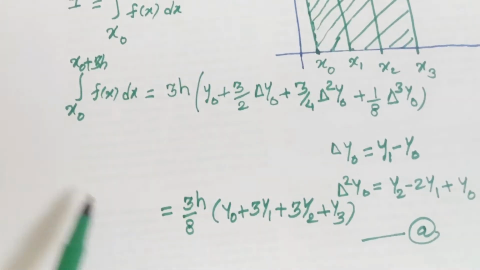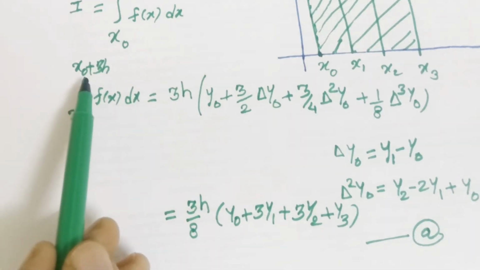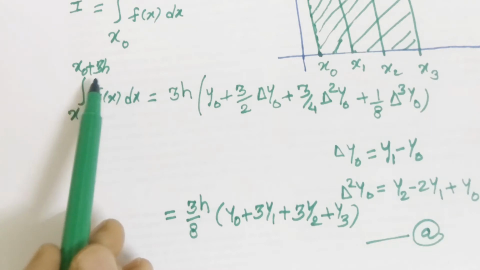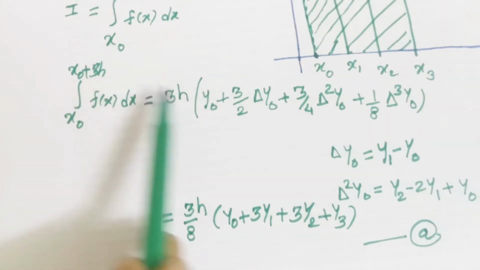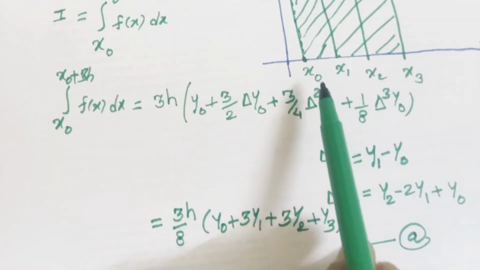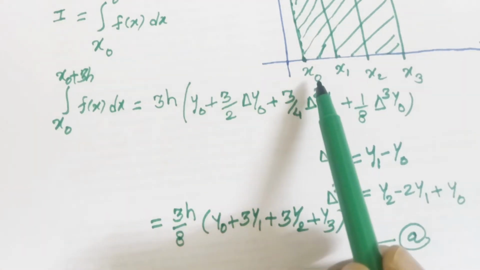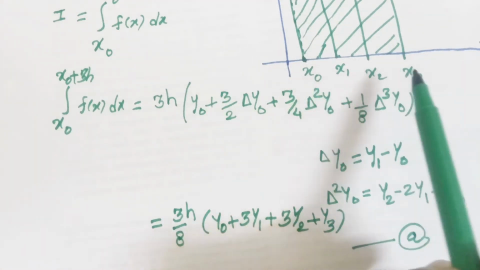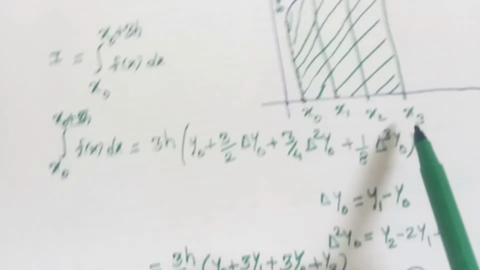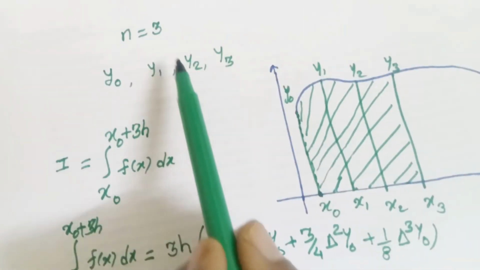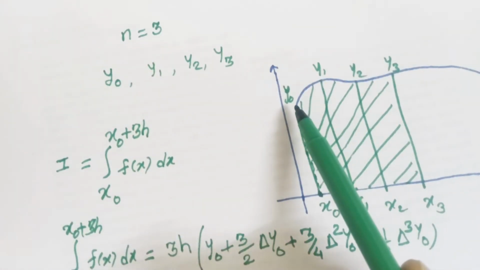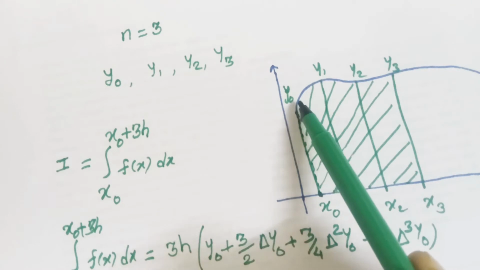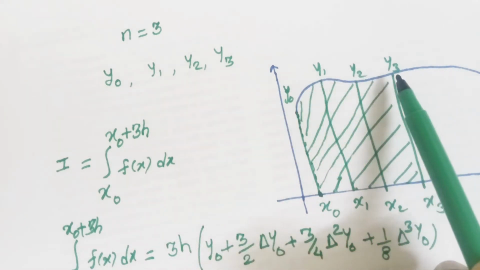Here we have found the integral from x0 to x0 plus 3h. We know that x0 plus 3h is nothing but x3. It means in one integration we are covering the area from x0 to x3 because we are taking n equals 3. For n equals 3 we get the function from y0 to y3.